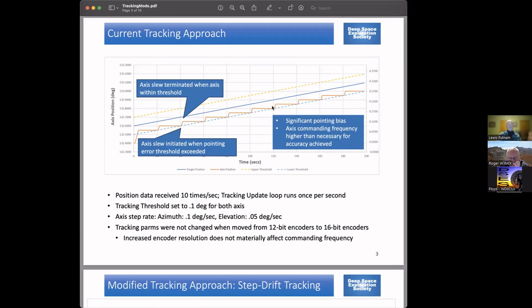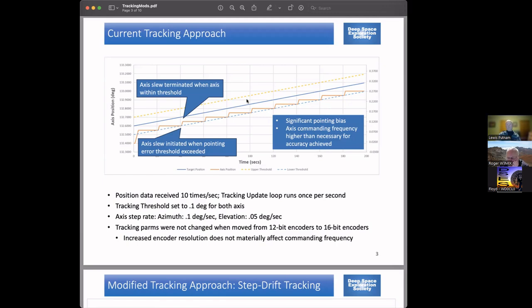The software receives position data from the Pi 10 times a second, but the tracking update loop currently only runs once per second, and there are some reasons for that. You'd probably be able to run the modified loop at a higher rate when we move the software down onto the new machine.